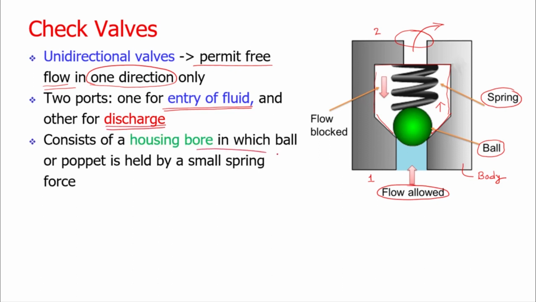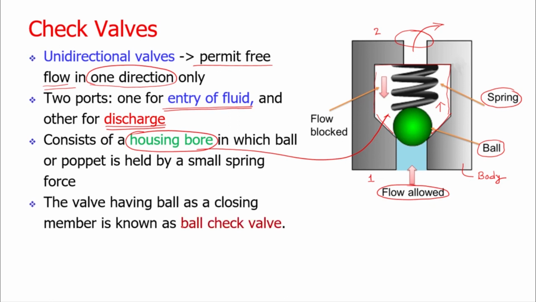So this is the housing bore, which is seen on your screen, in which a ball or a poppet is held. If we are using the ball to check the fluid flow, that is called the ball check valve, or we can have the poppet based valves as well.